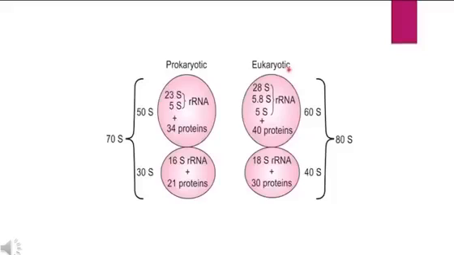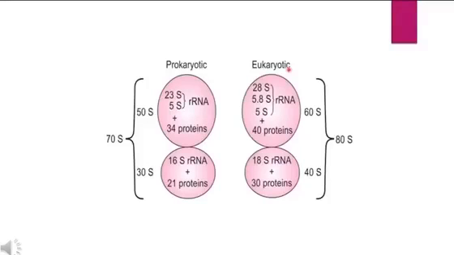Each subunit has multiple proteins and RNA particles. The large subunit contains 28S rRNA, 5.8S rRNA and 5S rRNA, while the 40S subunit has 18S rRNA.